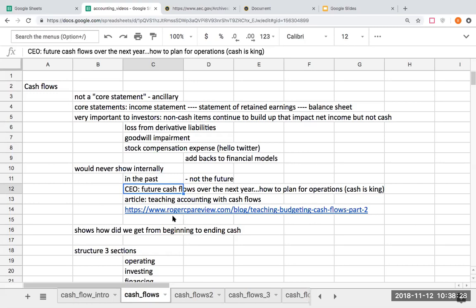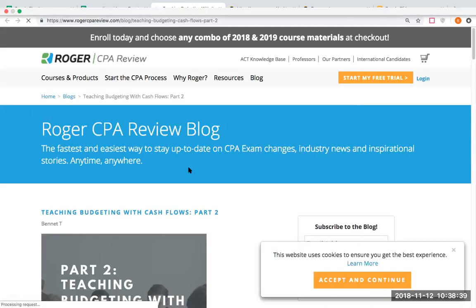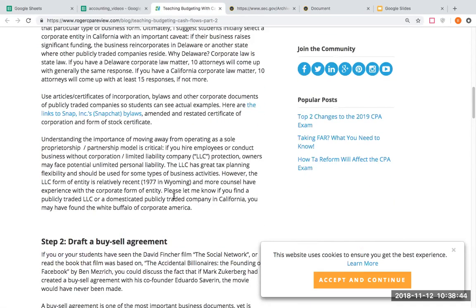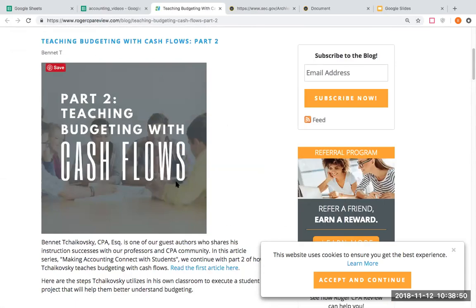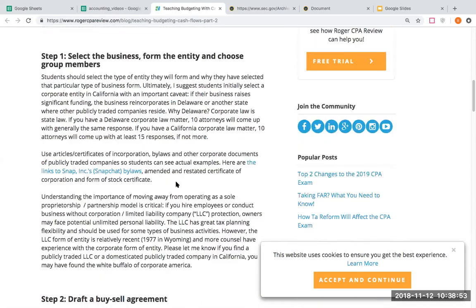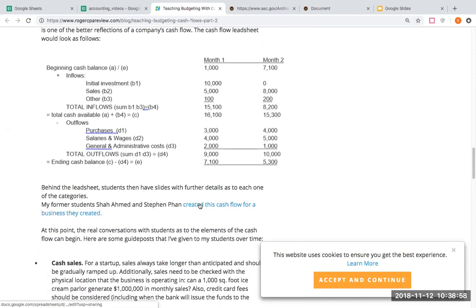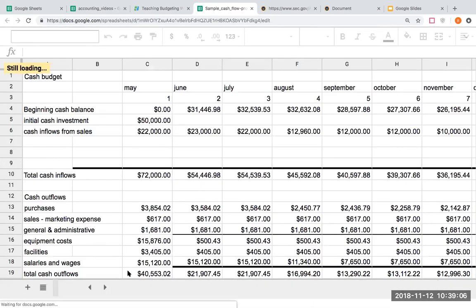But if you want to learn how to prepare a 12-month cash flow, one of the things I've done, thank you to Roger's CPA review, I created essentially an article that talks about, right over here, teaching budgeting with cash flows. And if you go down here to step 3, which is preparing a 12-month cash flow, if I click on this link, it's going to take you to a Google Sheet, which is going to show you a full 12-month cash budget.